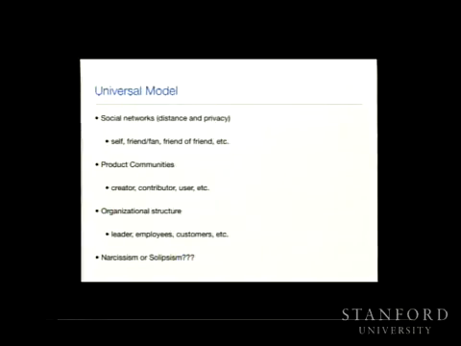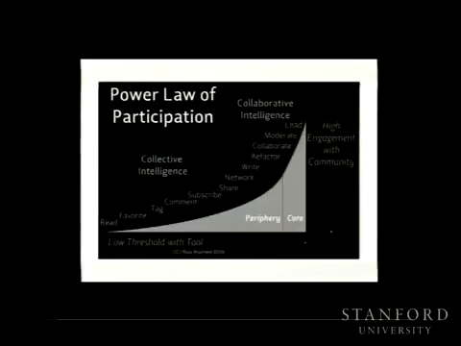So I've listed a couple of different areas in which this is relevant. We're going to look at product communities and organizational structure. We talked about a little bit just before, but I thought this is kind of interesting because this is a chart that Ross Mayfield from Social Text put together, and he came up with it in about 2006, and it's approximately what we were discovering at IMEM at around the same time.